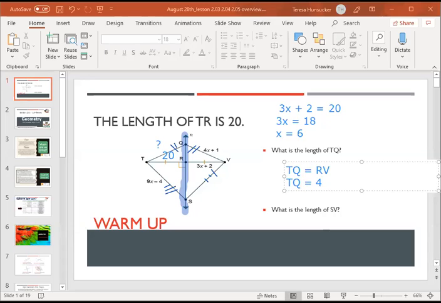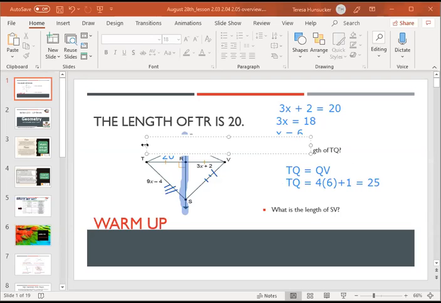Because QV is 4x plus 1, okay? That should be a QV. So 4 times 6 plus 1. You all get 25? You cool with that? So this guy over here is 25, making this guy over here 25.